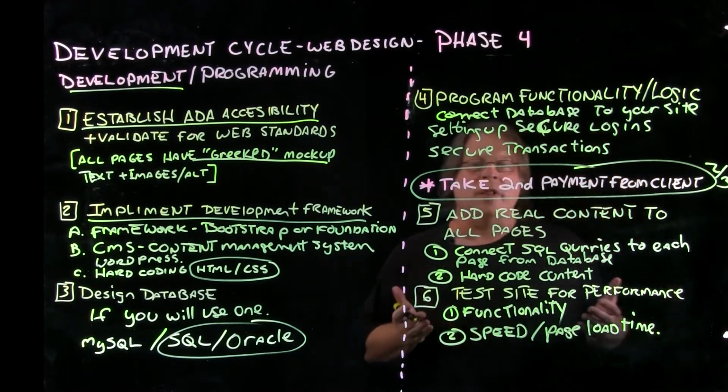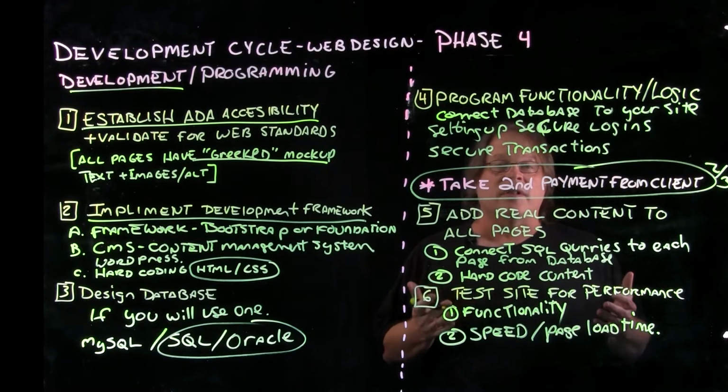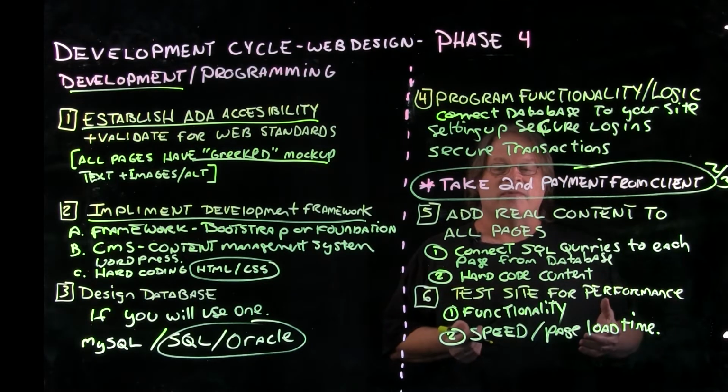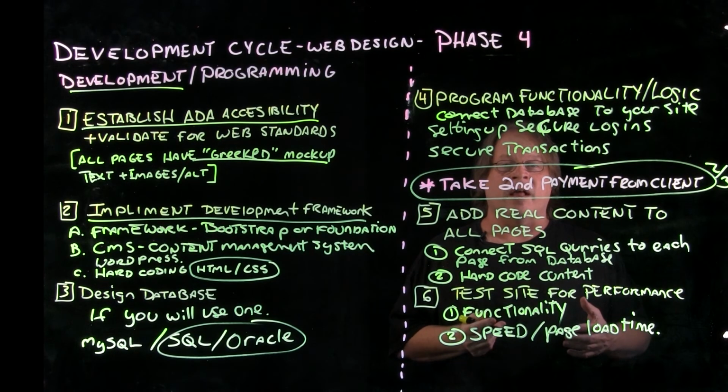Because you can set up really, really good programming, but if it's cumbersome and takes a long time for the page to load, it will not be a usable website. So you want to test for functionality, and you want to test for page load time. So that's the development phase, phase 4, and it's mainly the programming and logic side of the development along with adding your content to all your real pages.